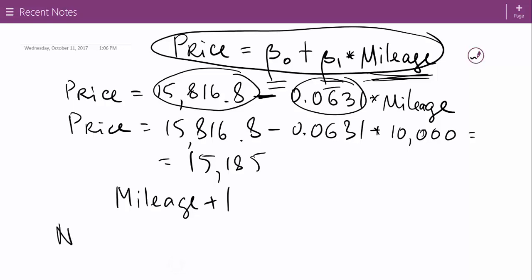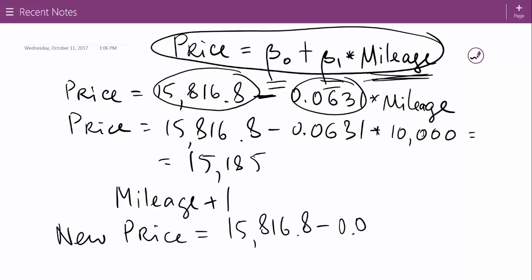So therefore my new price of the car is going to be, I'm just going to plug that into the equation, 15,816.8 minus 0.0631 multiplied by mileage, whatever it was, old mileage, plus 1.